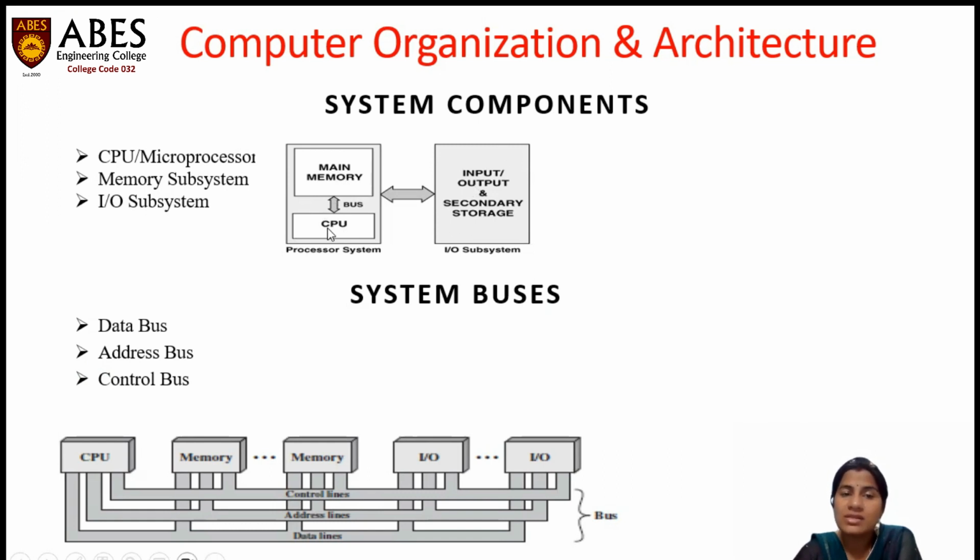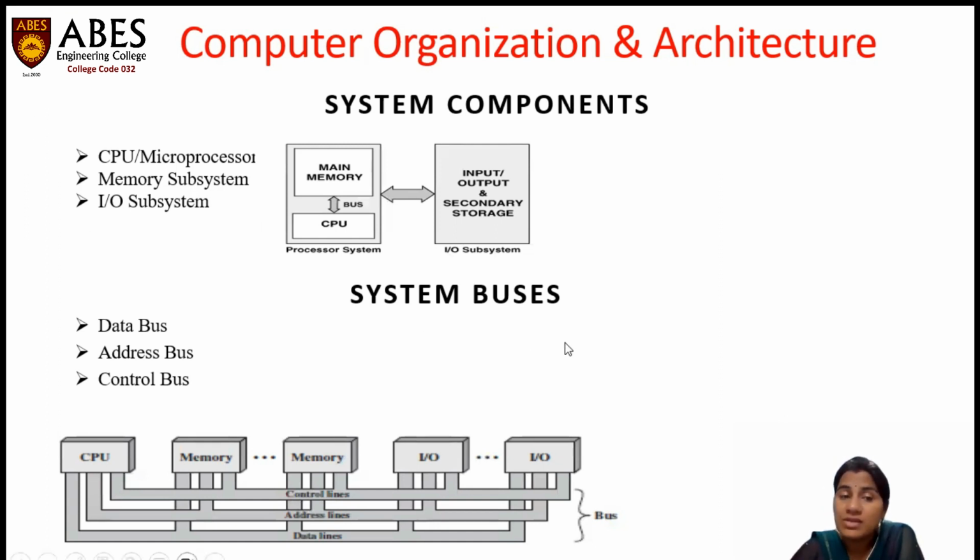In the processor system, we have main memory and CPU connected with the help of buses. These can be of three types, which we have already discussed and will discuss more later. This processor system is connected with the input-output subsystem, from where it gets the input and gives the output. So here are input-output devices.